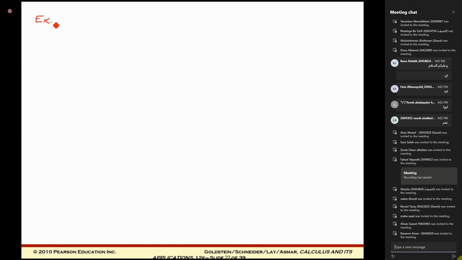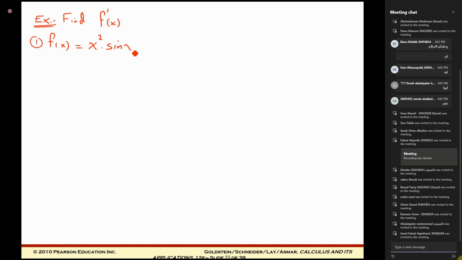Example about these rules. Find f prime of x. Number 1, if f of x equals x square multiplied by sine of x plus 5 cosine of x.